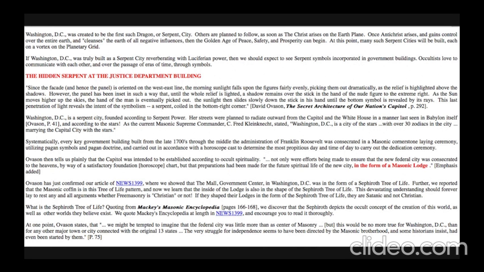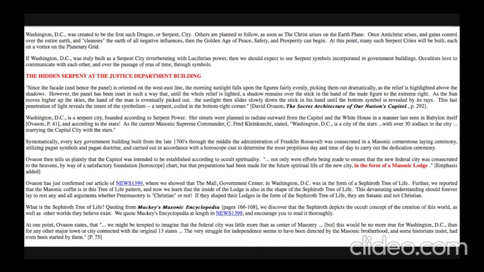Her streets were planned to radiate outward from the Capitol and the White House in a manner last seen in Babylon itself and according to the stars. As the current Masonic Supreme Commander stated, Washington, D.C. is a city of the stars, with over 30 zodiacs in the city, marrying the capital city with the stars.